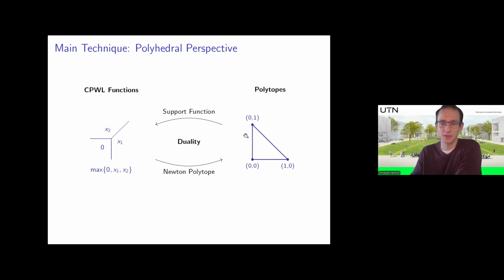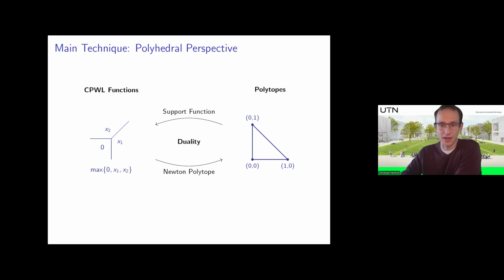This is known in optimization and convex analysis, and it's called the support function of a convex body, and in particular of a polytope. For polytopes, it is always a continuous and piecewise linear function. That way we have an isomorphism between these two types of objects.